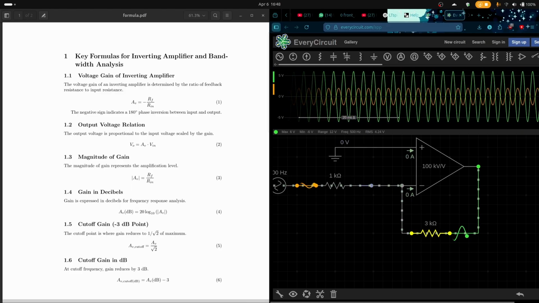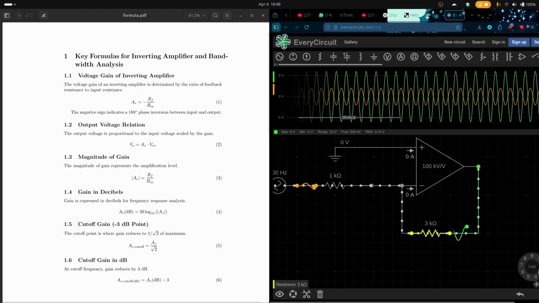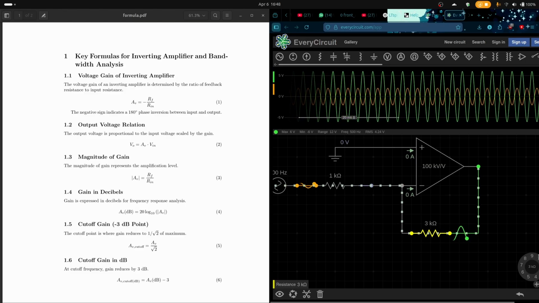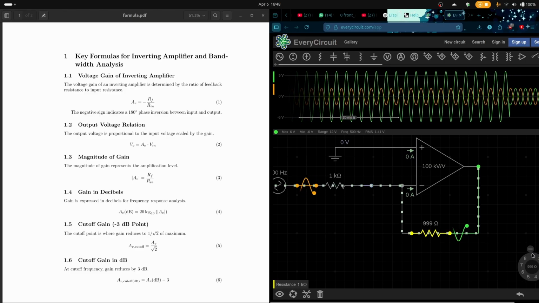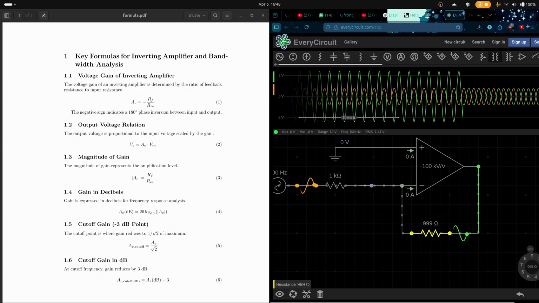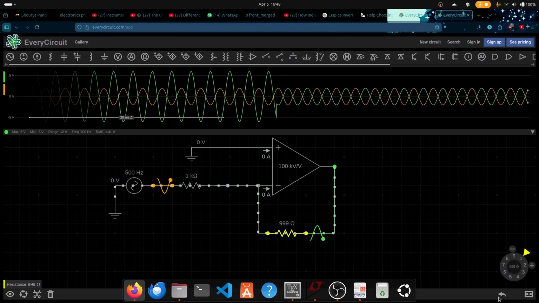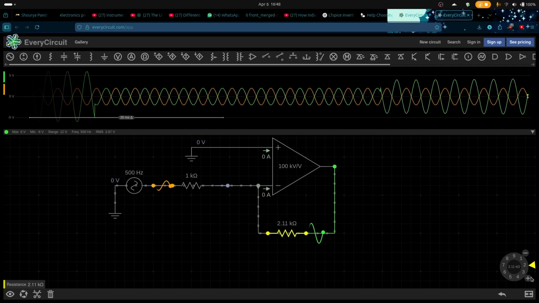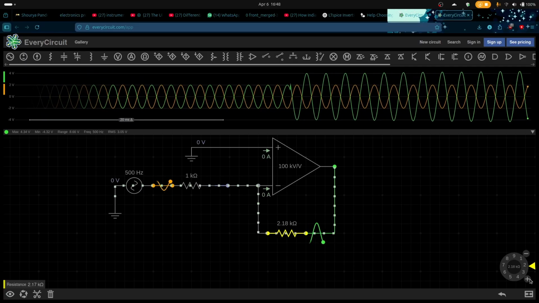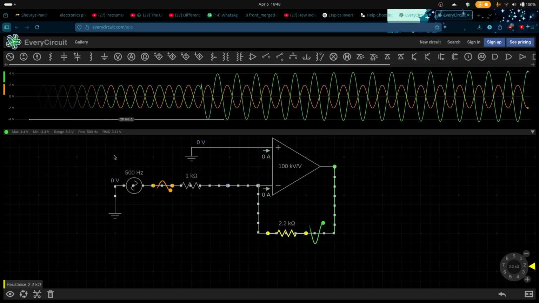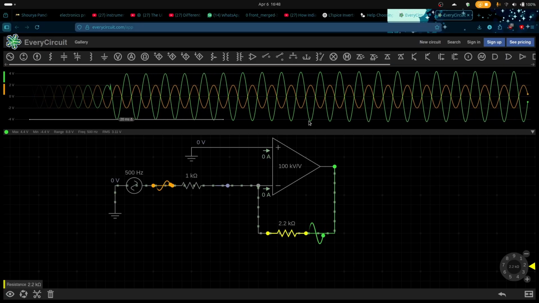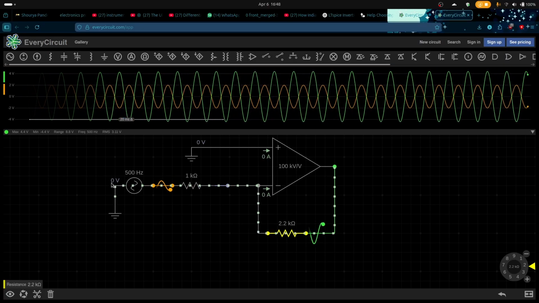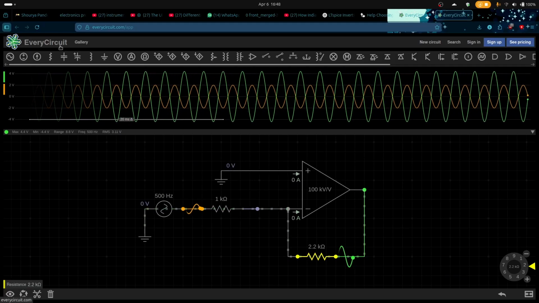So in my previous configuration, I have used 2 kilo ohms for getting this 4 and 2 volts output. Let's get that to 2.2 kilo ohms so I can make my calculations a bit easier on the graph. Now, currently I am using Every Circuit.